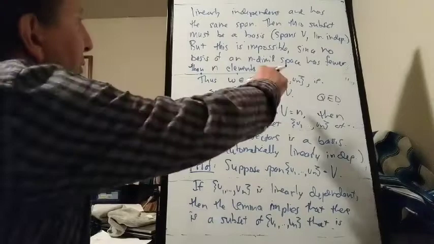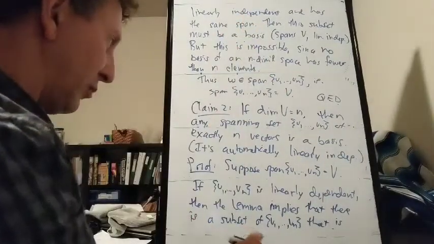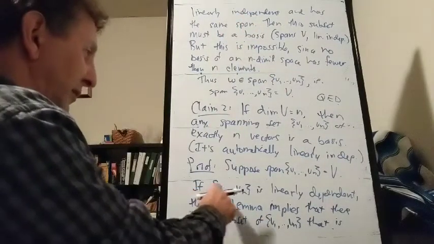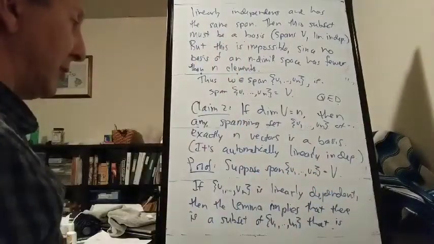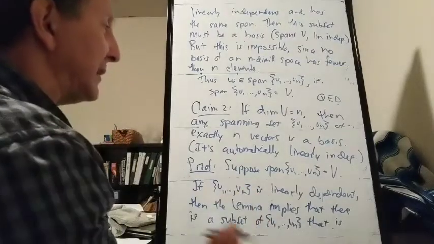So if that's impossible, then we trace back to what we were assuming: we assumed this is linearly dependent. That can't happen because it leads to something impossible. So that means that the set must be linearly independent.